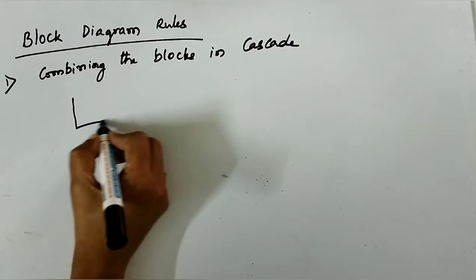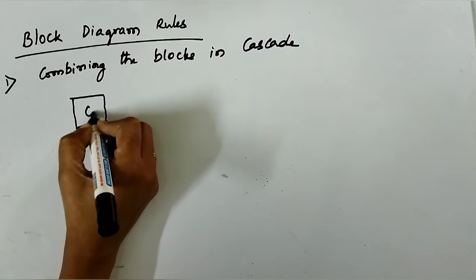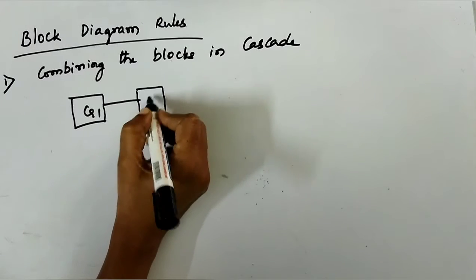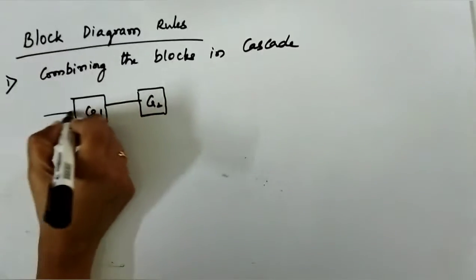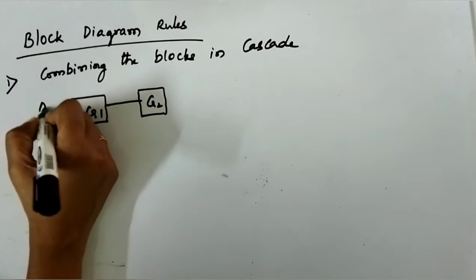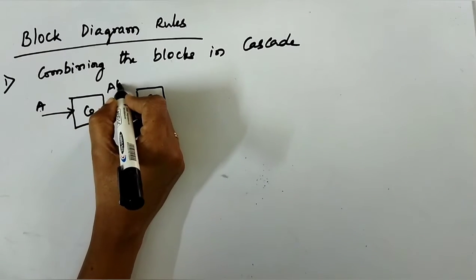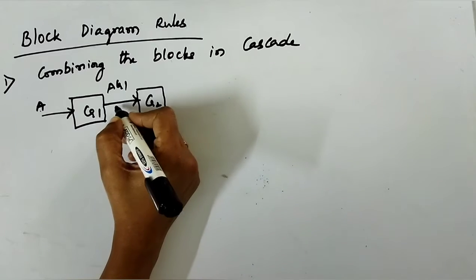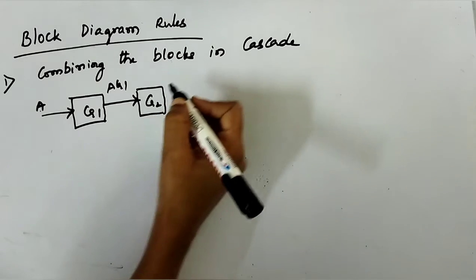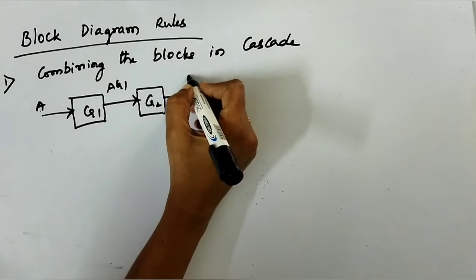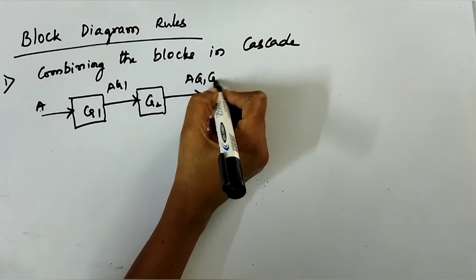Now, this is block 1, G1, followed by block 2, G2, where the input is A. A into G1 is the output of the first block and the input for G2. That would give us A G1 into G2 as the final output.